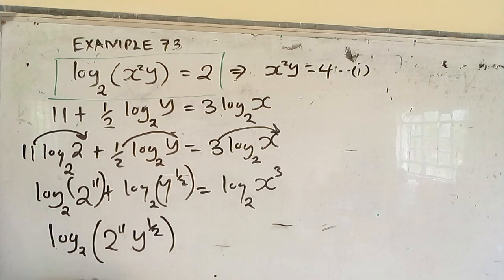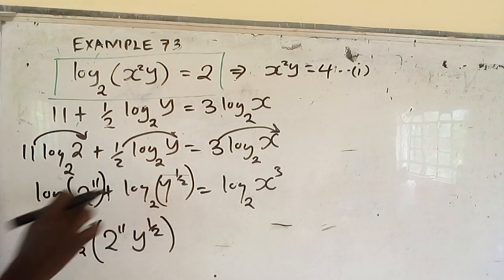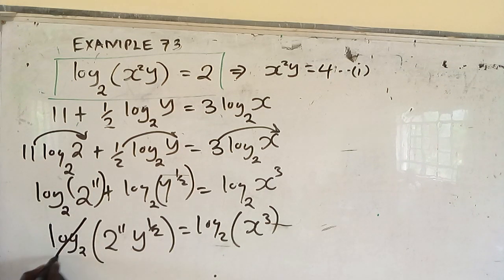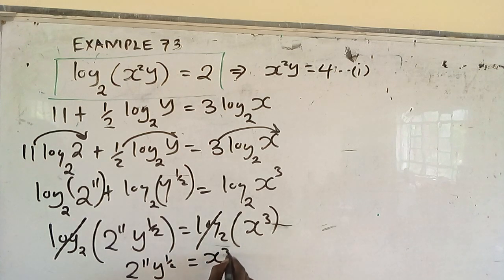When you take back the log inside, this multiplication goes back to addition, to be equal to log to base 2, and inside we have x cubed. So after that you ignore logs on both sides of the equation. What do you get? 2 raised to power 11 y to power half is equal to x cubed.